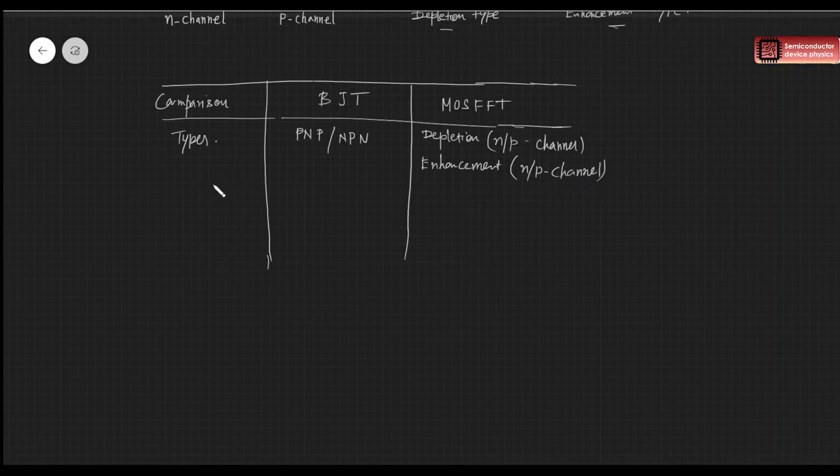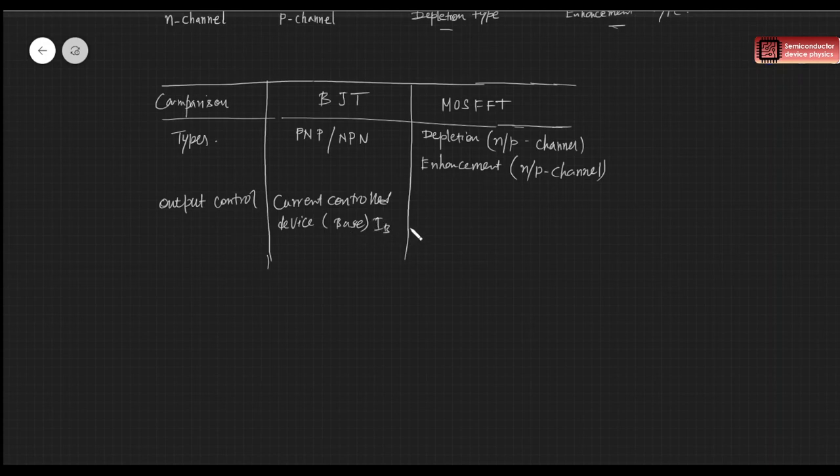Okay, and then if you think about the output control, in the BJT we control by the current, basically the base current, right? So it's a current control device, BJT, and it is the base current, the IB, that we control.